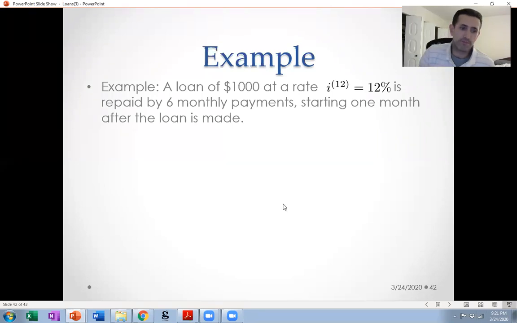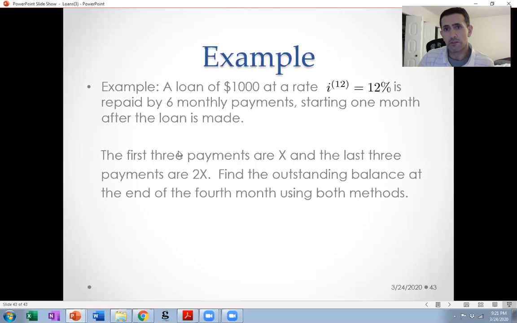So we have an annuity immediate, as all loans in this example form. The first 3 payments are X, and the last 3 payments are 2X. Find the outstanding balance at the end of the 4th month using both the retrospective and the prospective method.